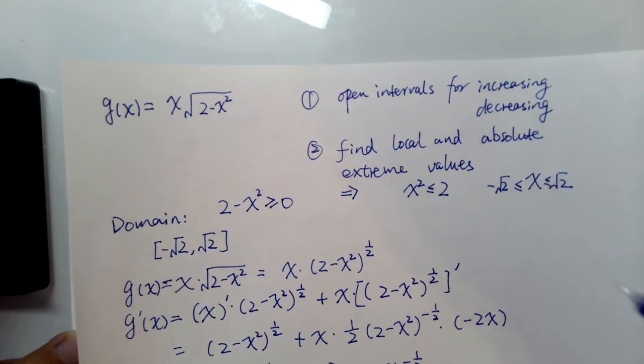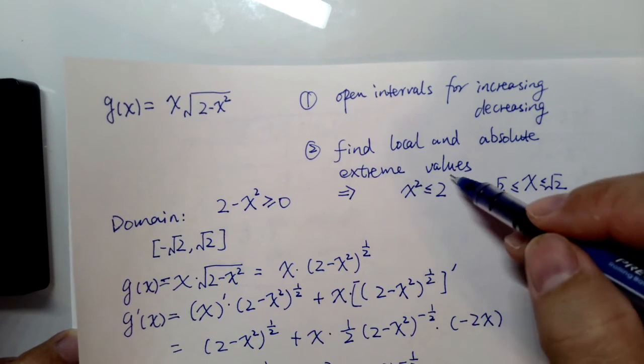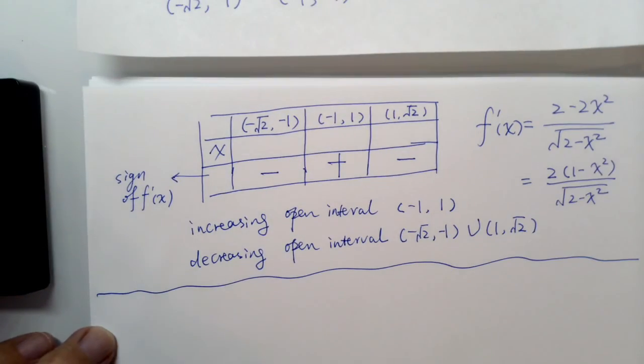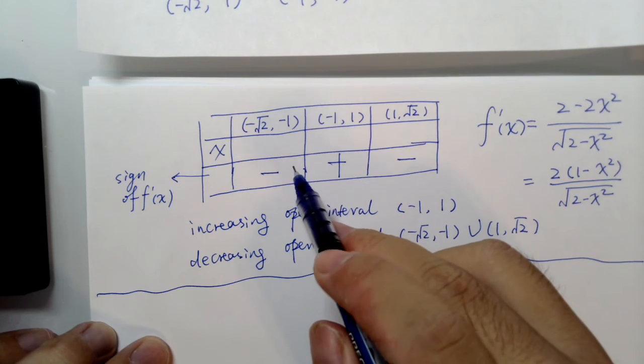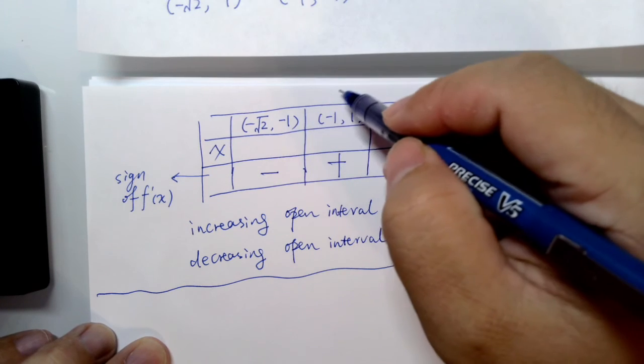Now the next one is, find the local and absolute extreme values. What are we trying to do at this stage? As you can see, at the point -1 you have decreasing and then increasing, right?